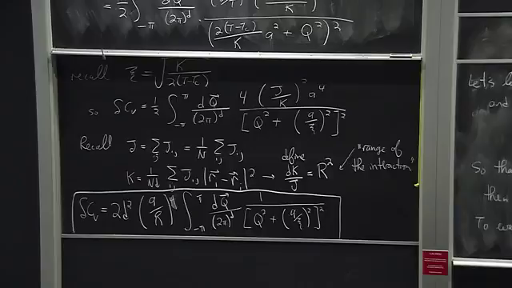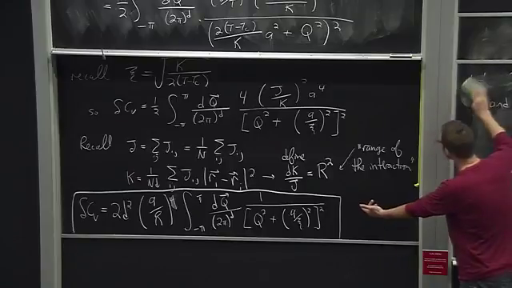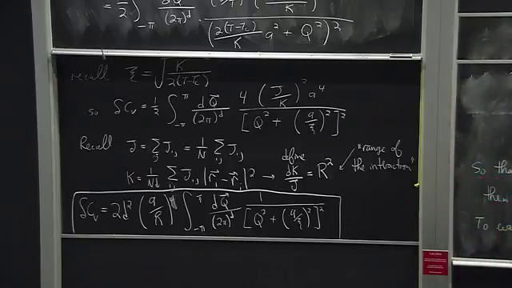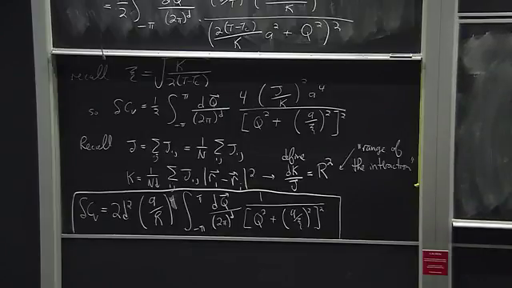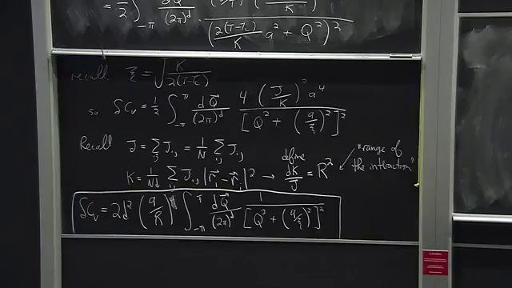So let's finish up by analyzing that a little bit. So we want to analyze that integral. Say, the simplest case to do it is when you're exactly at the critical point. When you're exactly at the critical point, you know that that correlation length diverges.